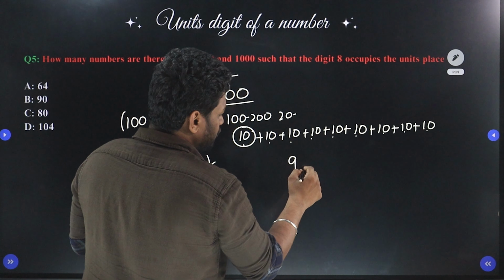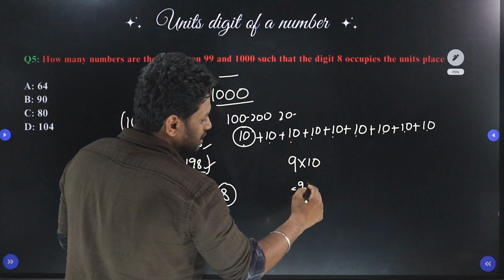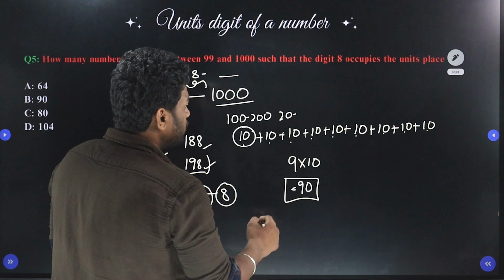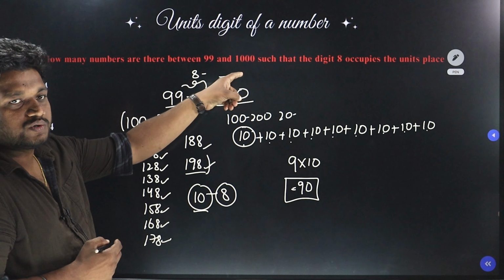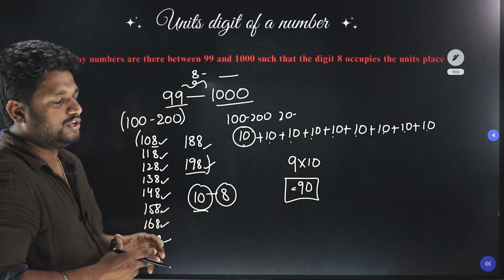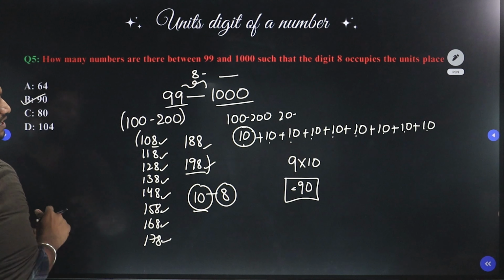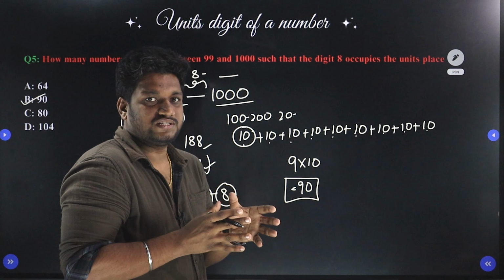So 9, if you multiply with 10, total how much will you get? 9 into 10 is nothing but 90. So between 99 and 1000, how many 8s do you have in the units place? You have 90 here.